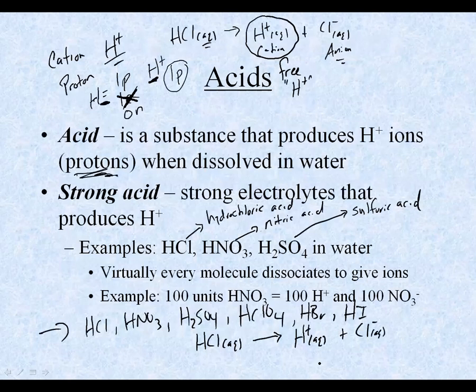You no longer have any HCl units together. That's why hydrochloric acid or nitric acid, in solution, generate a ton of free H plus, and because they generate a ton of free H plus at once, they're considered strong acids.